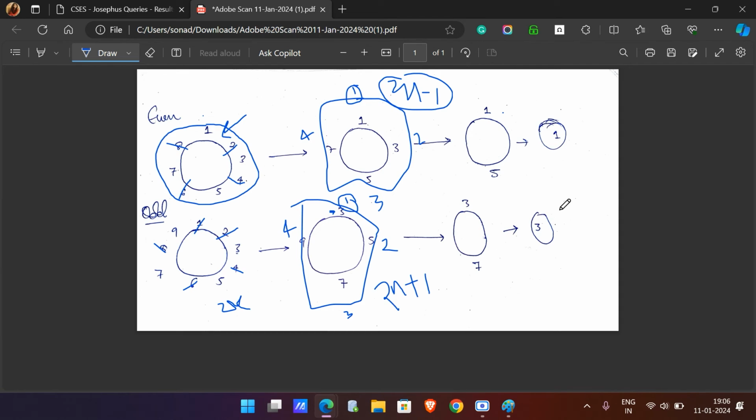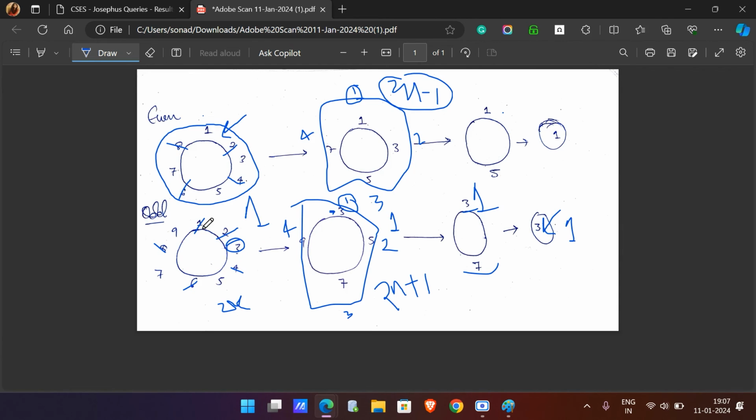But if I am returning, for this case, I'd be returning 1 only. It's even, so it can be considered as 1 over here also. But here it would be considered as 3, because I have an odd number of n's. If you are returning 1, because I have odd, even over here 1, 2, 3, 4, again even over here, so 1 would be 2 into 1 minus 1, 1 would be the same.